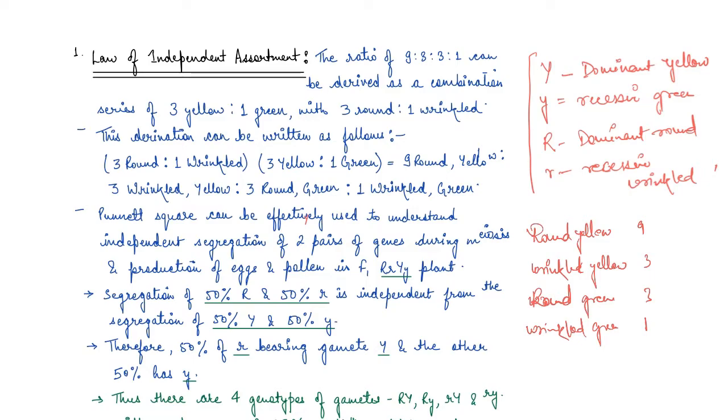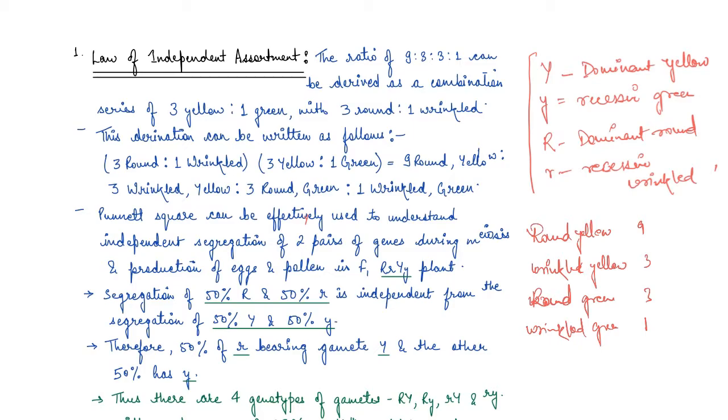Now, this was observed for several pairs of characters. Okay, so the ratio of 9 is to 3 is to 3 is to 1 can be derived as a combination series of 3 yellow and 1 green with 3 round and 1 wrinkled, right?